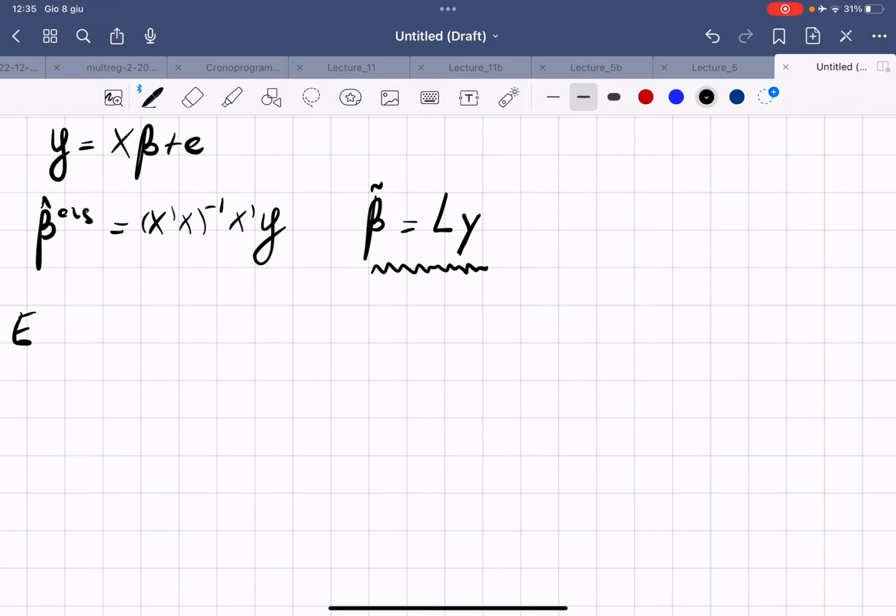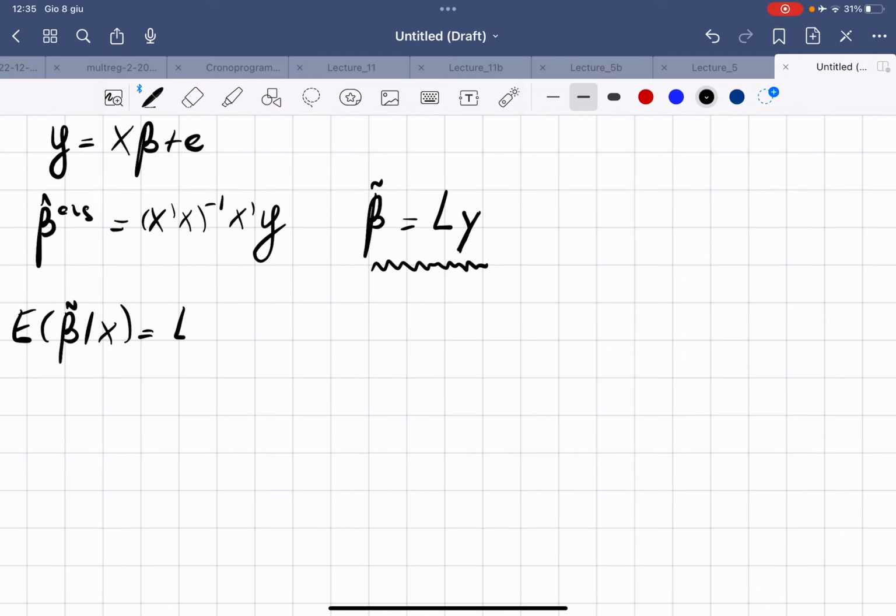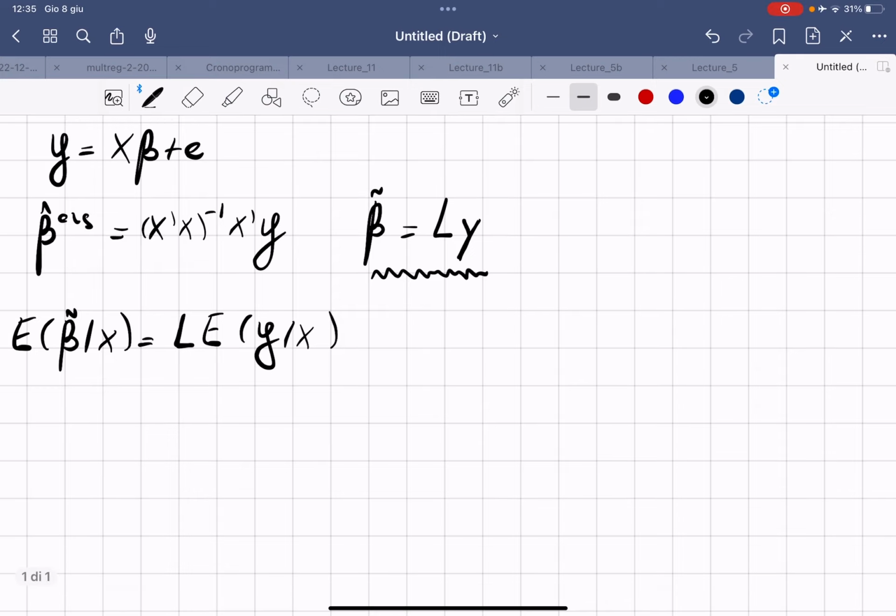So we take the expected value of beta tilde given X. That will be the expected value of L times y. L is a constant, so we take it out of the expectation operator. So it will be L times the expected value of y given X, which we know is X beta.